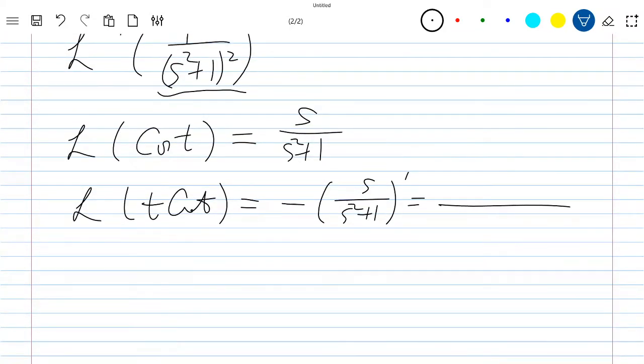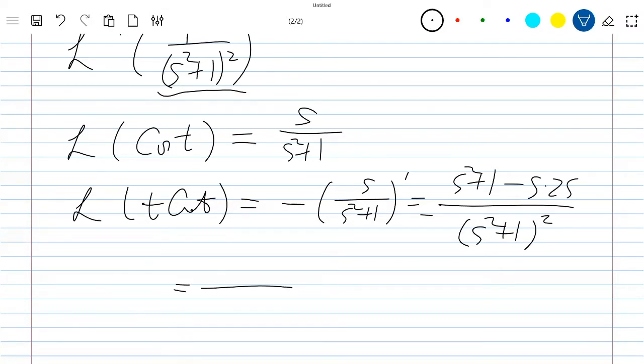So what do we get? (s squared plus 1) squared in the denominator, and the numerator would be s prime, which is just 1, times that, minus s times 2s, and you have a negative sign. So the s squared cancels one of them. You get 1 minus s squared. So the negative sign would give you that, right? Okay, so that's t cosine.